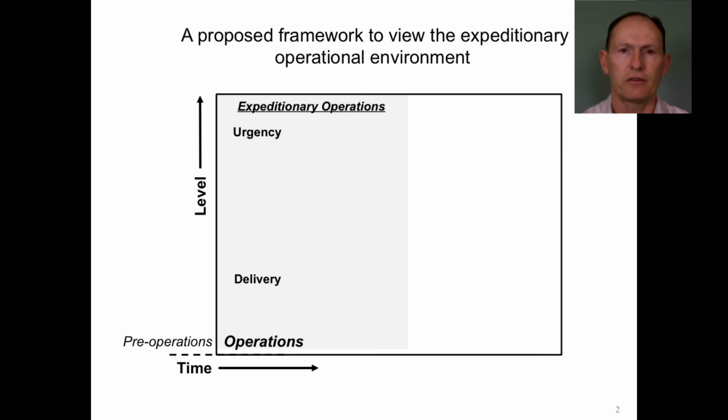So here we have the proposed framework. It's laid out against space and time, with time being here at the bottom of the screen. Expeditionary operations are really defined by two main pieces. Urgency, which is just the crisis aspect of the situation, juxtaposed with our ability to meet the requirements of the situation.